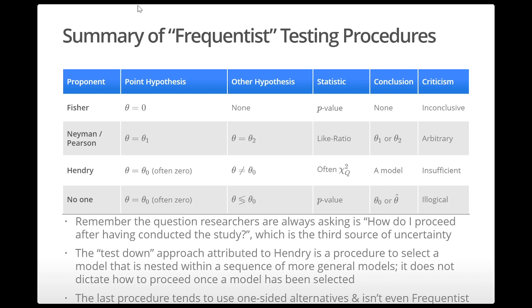In this pseudo-frequentist procedure that has prevailed for a long, long time, you're taking this random variable theta hat and pretending it was a pre-specified constant. And so there's really no coherence or argument for that. It just satisfied the need of researchers to answer, how do I proceed after having conducted the study?